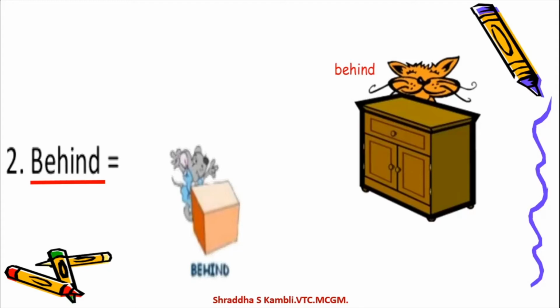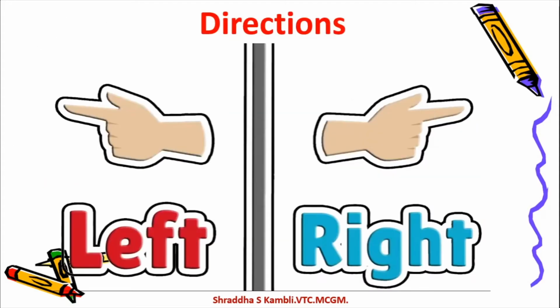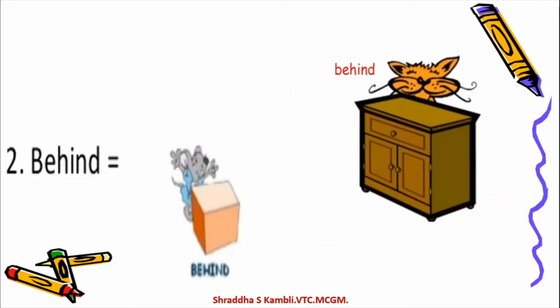Alright, so when you talk about directions, these four things that you sometimes say, you say left, you say right, sometimes you say in front of, sometimes you say behind. So these directions are not accurate. Okay, you cannot tell the exact location of something just based on these directions.